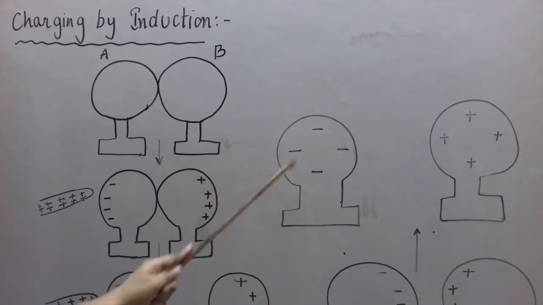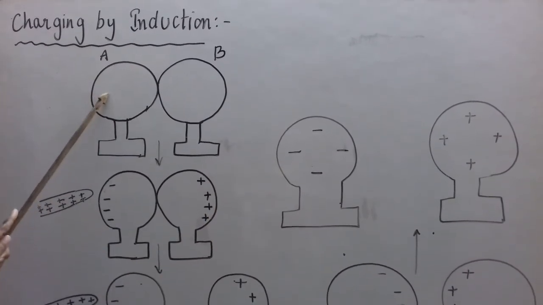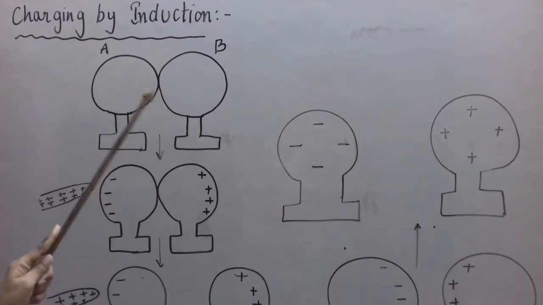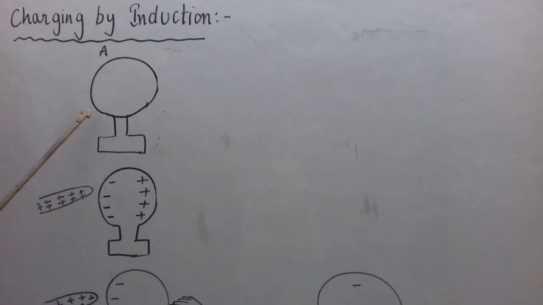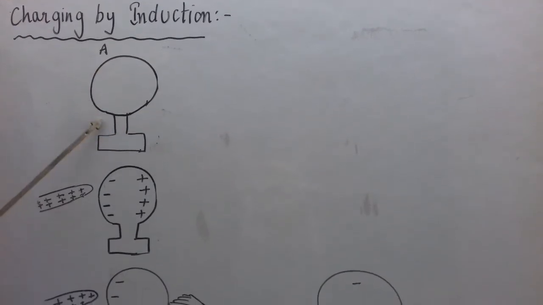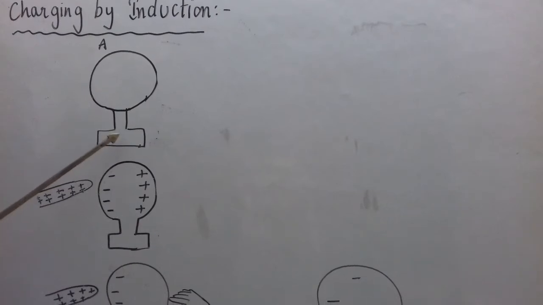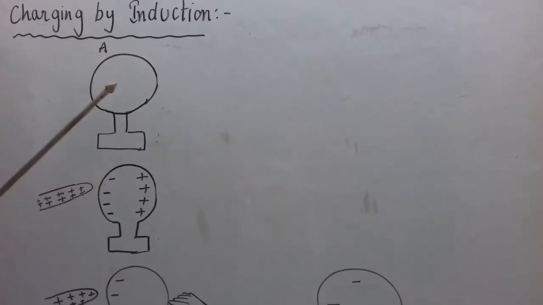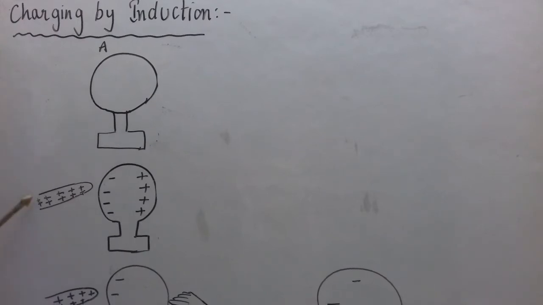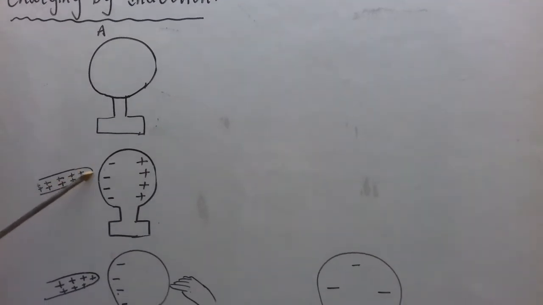Now suppose instead of two spheres, I have only one sphere and I want to charge it. Let us see how to give negative charge to a metal sphere. First we have an uncharged metal sphere placed on an insulating stand. If we want to give it a negative charge, then we bring a positively charged object, let us say a glass rod, close to it.